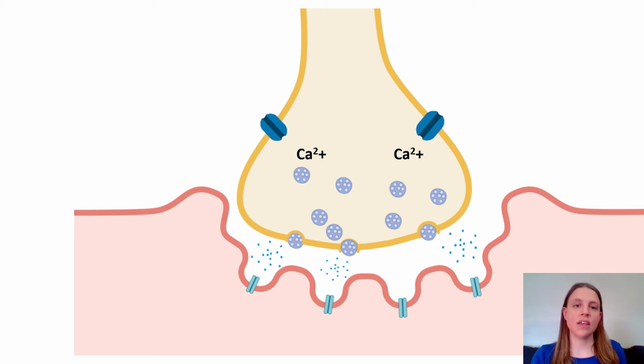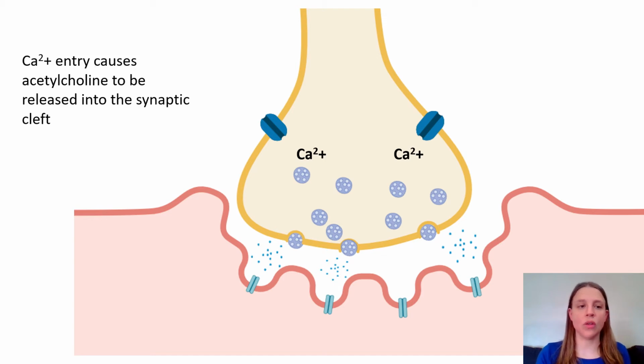Then inside the axon terminal, you have these little sacs of neurotransmitters. In the case of muscles, the neurotransmitter is acetylcholine. These little sacs of acetylcholine are then released into the synaptic cleft, which is just the space between the nerve and the muscle.